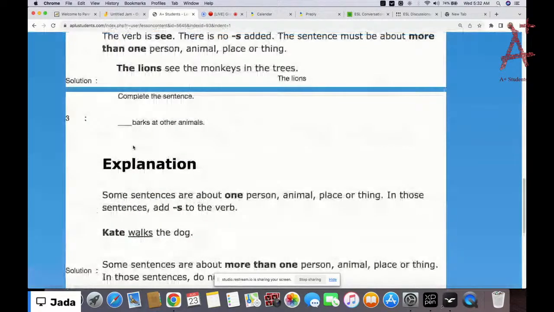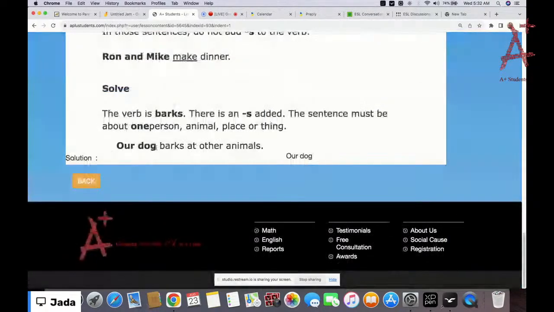Barks is what? The verb with the S, right? So since it has S, it's going to have what? Only one person or one place or one animal or one thing. Okay? So you see, our dog. So one dog barks with S. Okay, so that's how it's done. All right. This is how it's done.